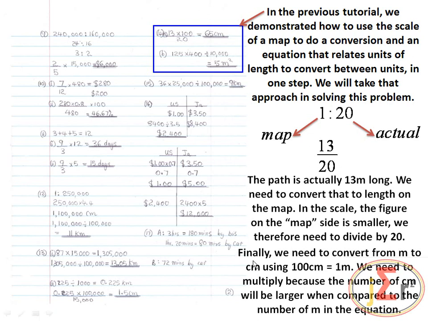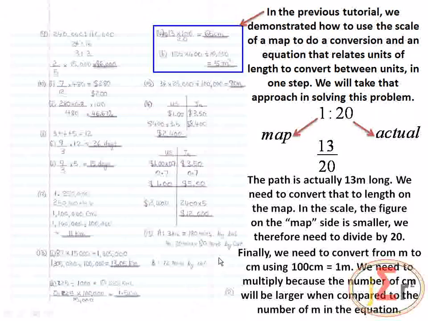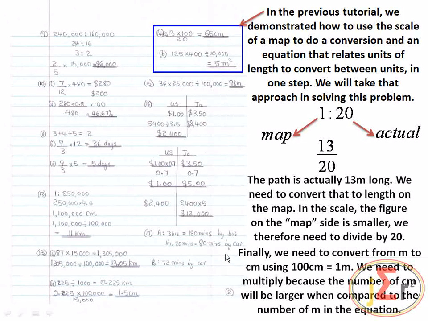So finally, we need to convert from meter to centimeter using 100 centimeters is equal to 1 meter. We need to multiply because the number of centimeters will be larger when compared to the number of meters in the equation. So what we have here is still in meters, but we need to convert to centimeters.